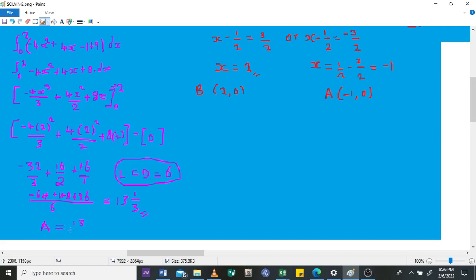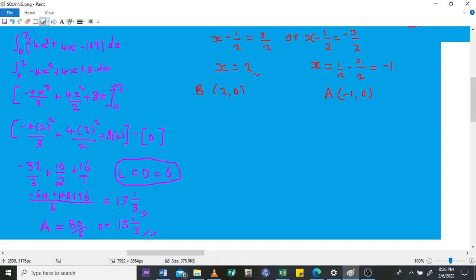So your area is going to be 80 over 6, or 13 remainder 1 over 3.